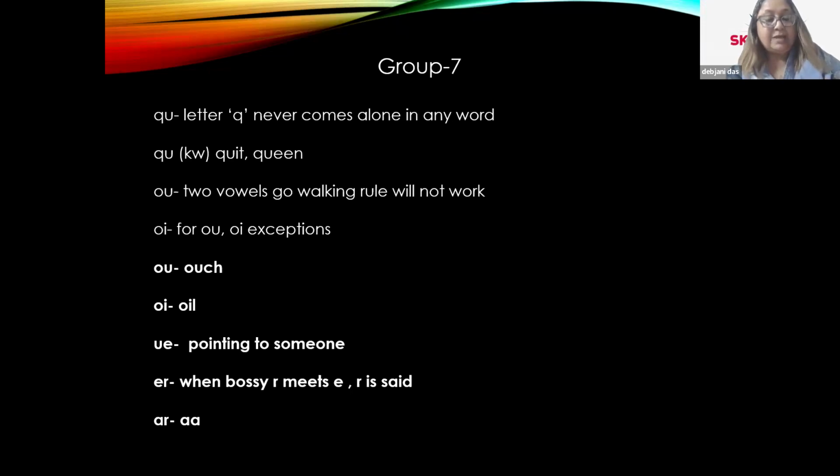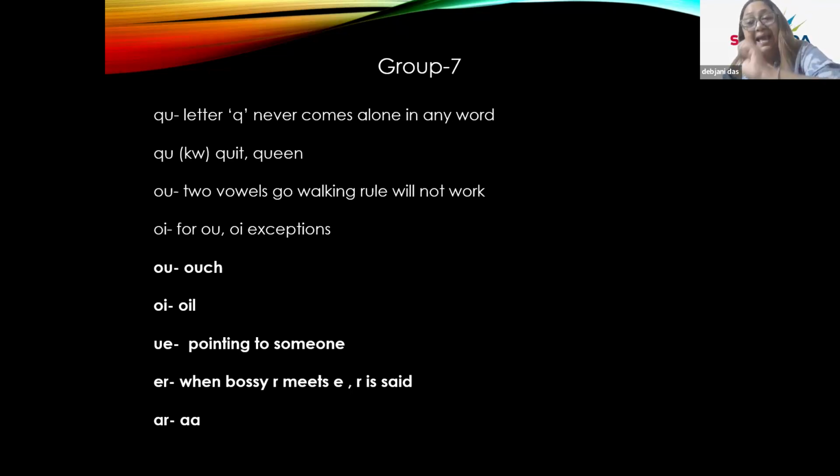Shailaja ma'am, when you are asked to put sound buttons, the buttons will always be under every sound. So when it is shell, you underline the SH, and under the underline you put the sound button. That means SH is a single sound.